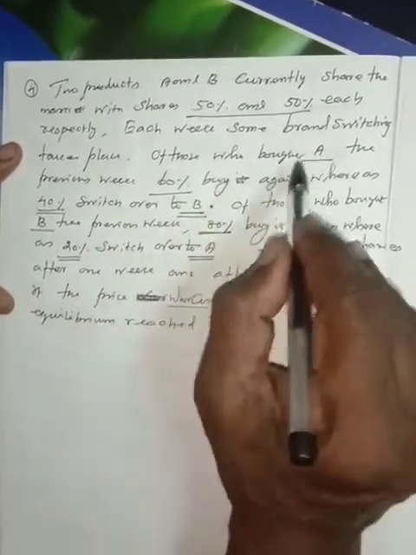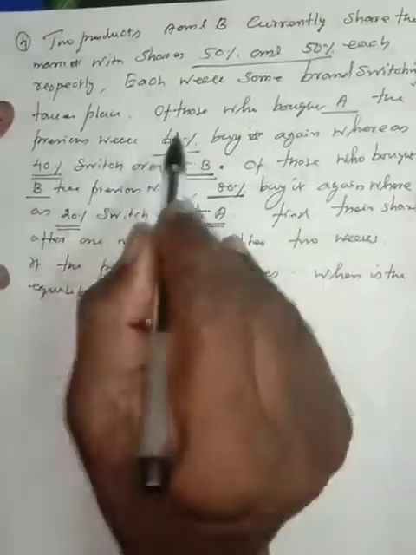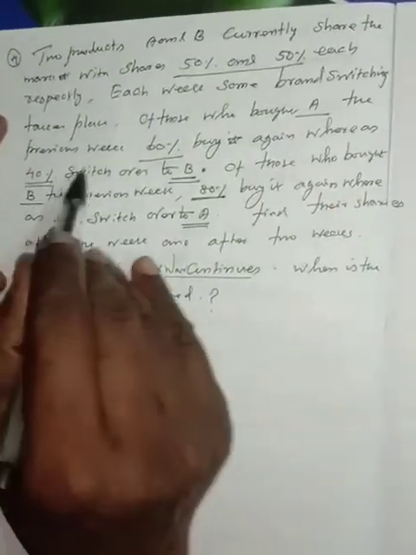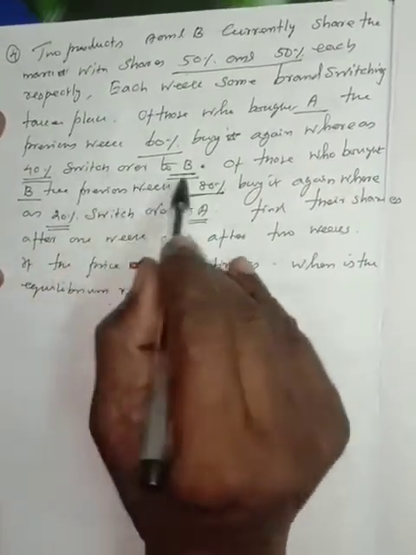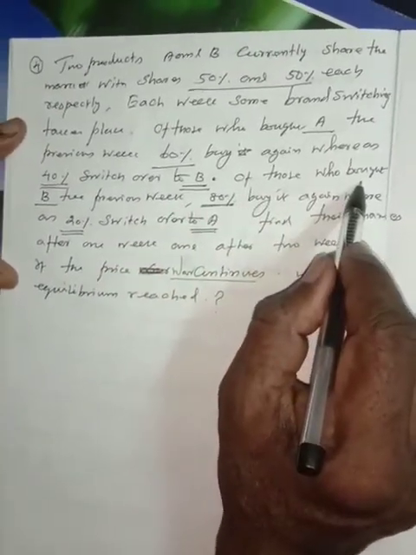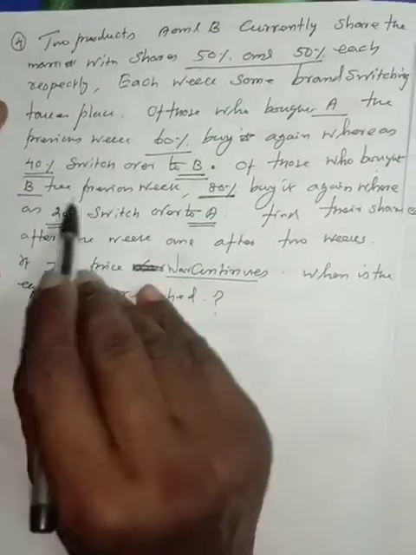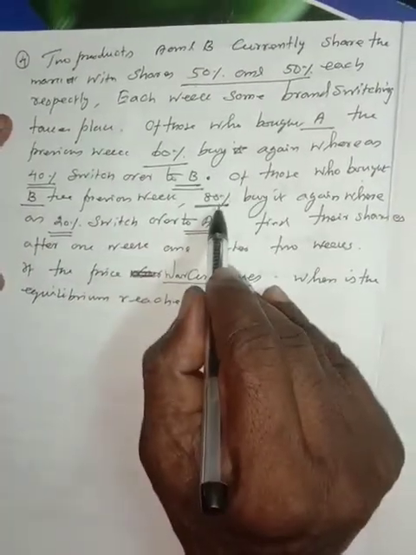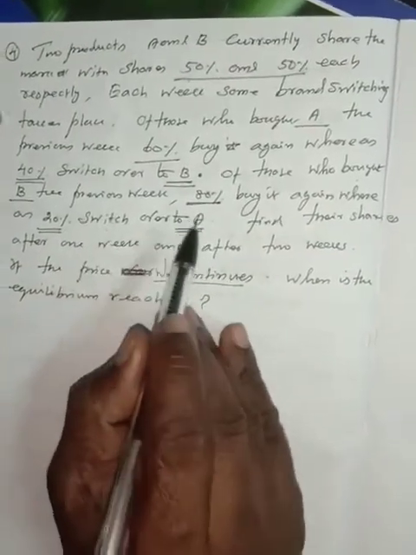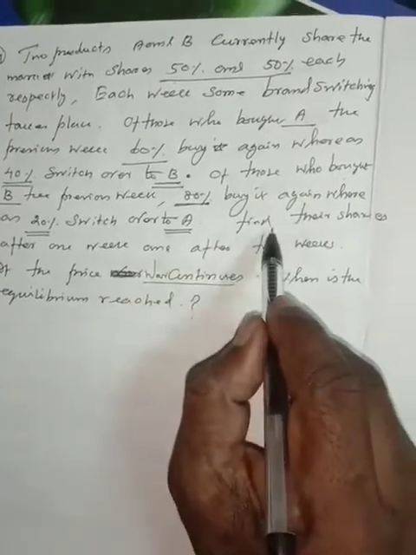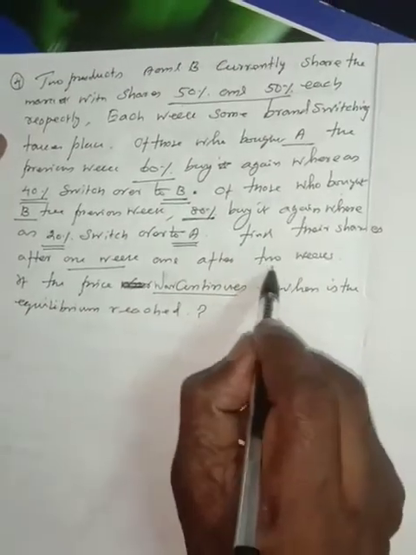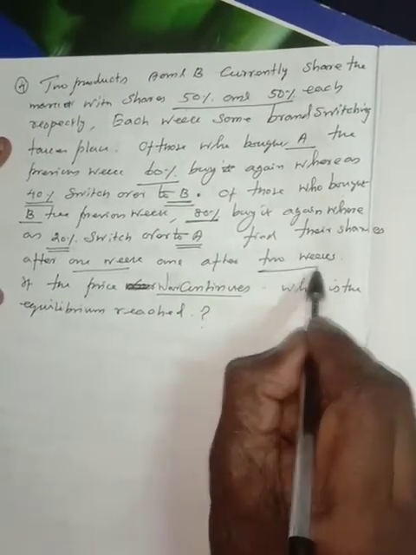Of those who bought capital A the previous week, 60% buy again, whereas 40% switch over to B. Of those who bought capital B the previous week, 80% buy it again, whereas 20% switch over to capital A. Find the shares 1 week after, again 1 week, that is 2 weeks totally.